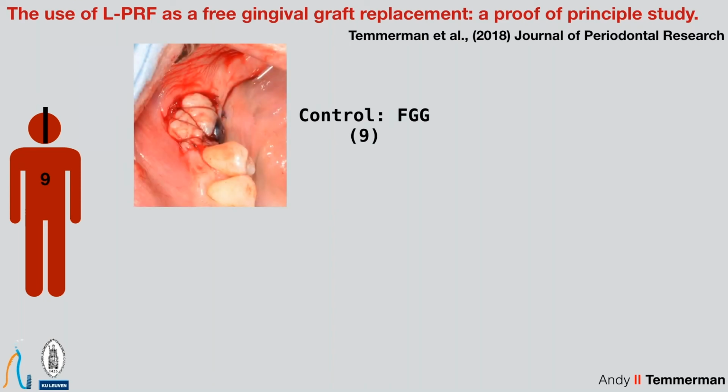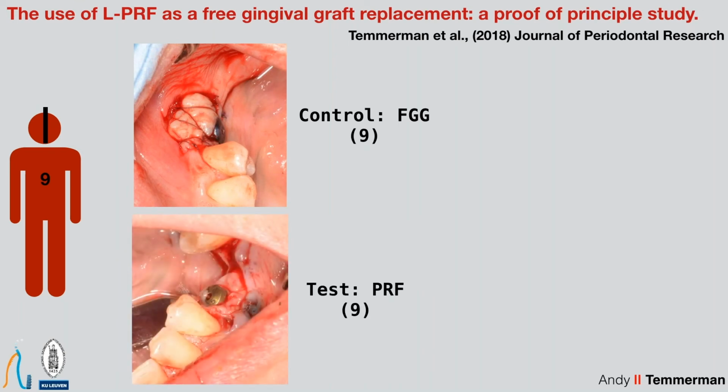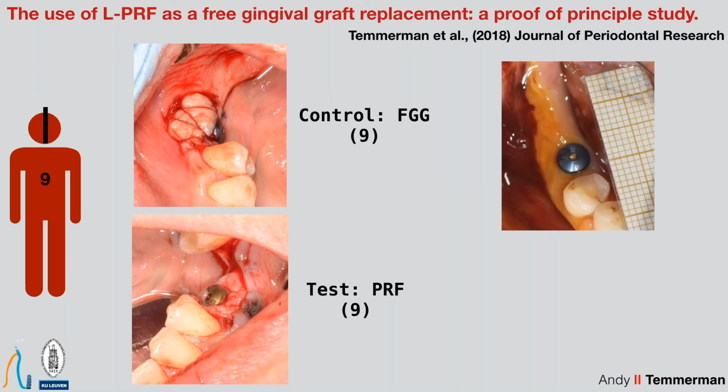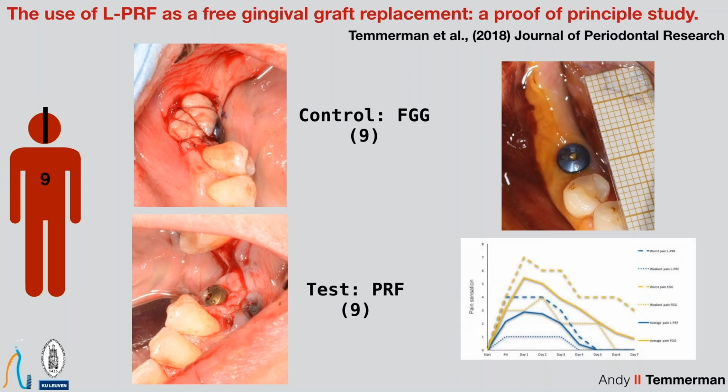So we included 9 patients with a split mouth design. At the control site, we used a vestibuloplasty with a free gingival graft, and at the test site, we used a vestibuloplasty with PRF. We performed Lugol staining measurements in order to see what we ended up with, and we also assessed the pain sensation for the patient.